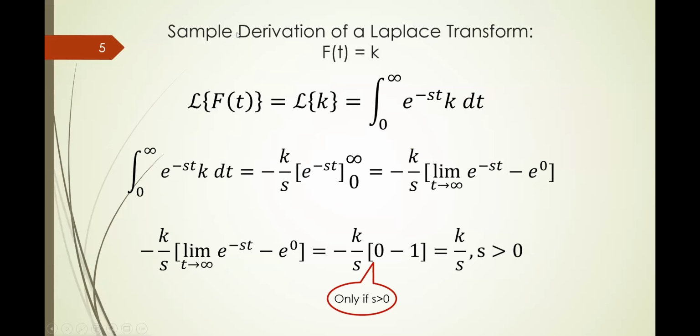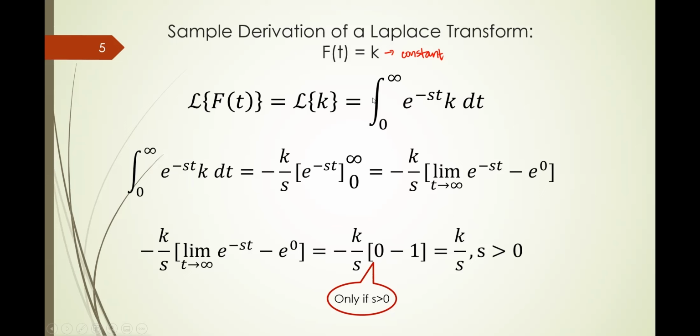So let's try to derive the simple Laplace transform. So if you are given a function of t is equal to k, so what is the k here? Your k here is actually a constant. So that is a constant. So the Laplace of a function of t is basically the Laplace of that k, Laplace of that constant.